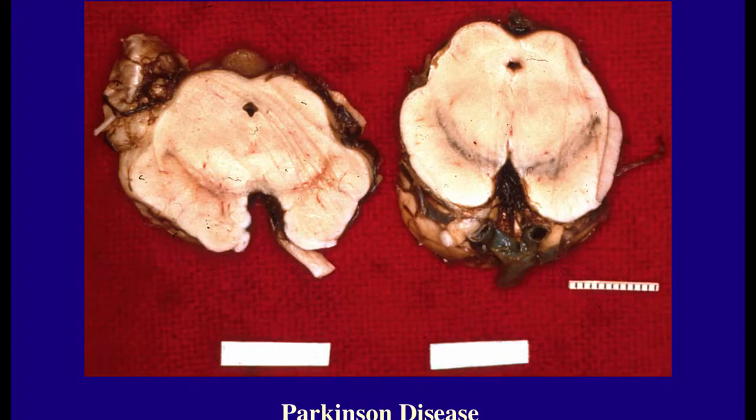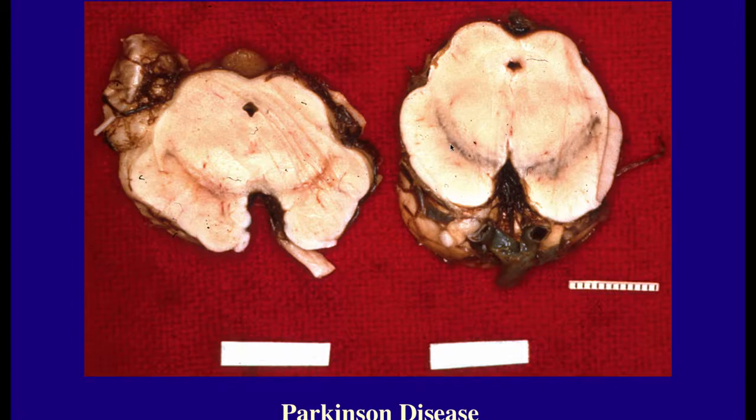Okay, the second movement disorder is Parkinson disease. This disorder affects the brainstem quite severely, and grossly you can see the changes very nicely in the midbrain. So on the right-hand side is the midbrain from a control subject. This is the substantia nigra, and these pigmented neurons give a very nice dark black appearance grossly.